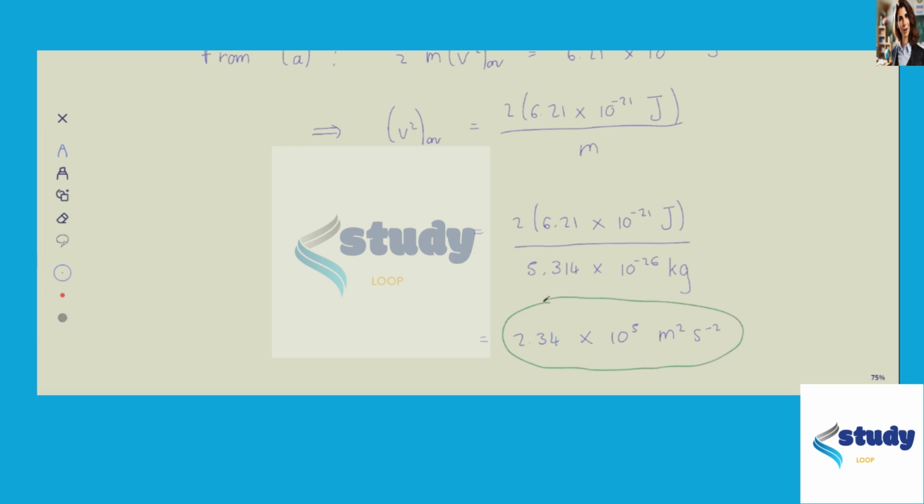So this is 2 times 6.21 times 10 to the minus 21 joules divided by the mass of the O2 molecule, which is 5.314 times 10 to the minus 26 kg. So we get the square of the speed to be 2.34 times 10 to the power 5, and this is meter squared per second squared. And so that's the answer for the square of the speed of the oxygen molecule.